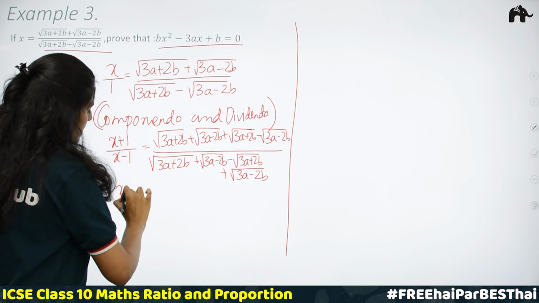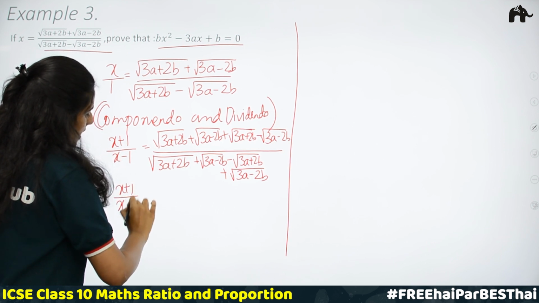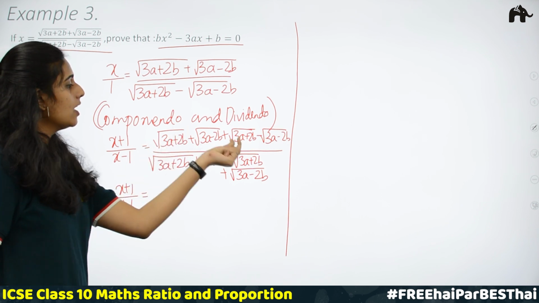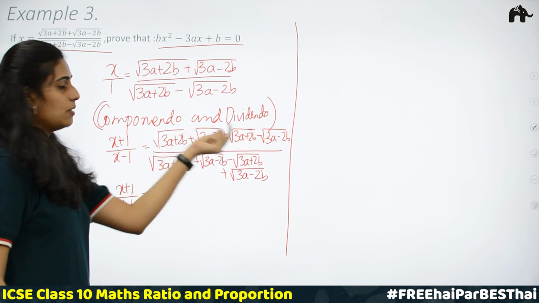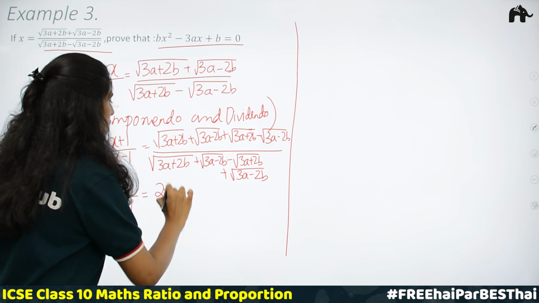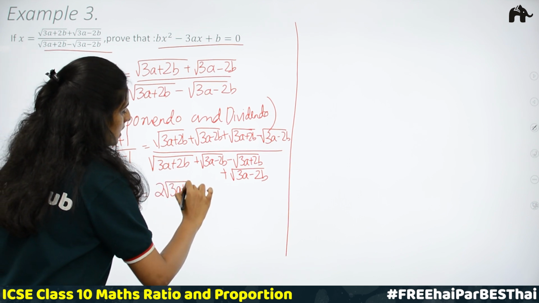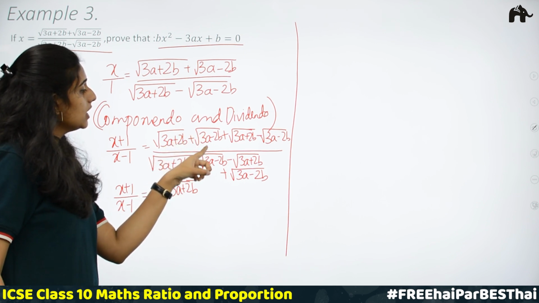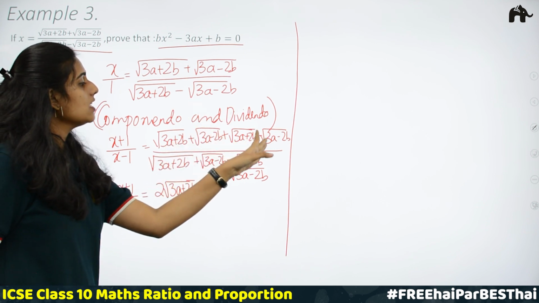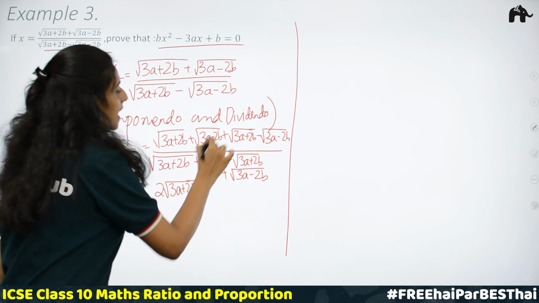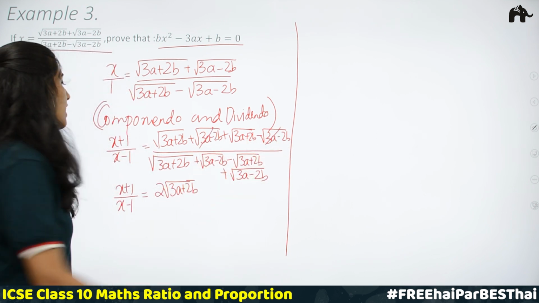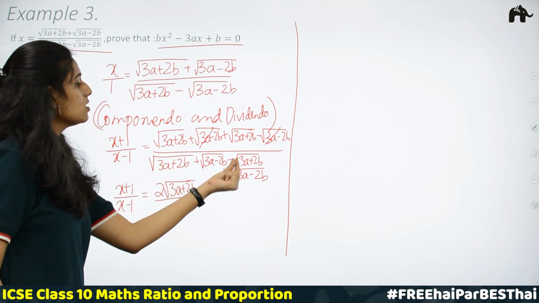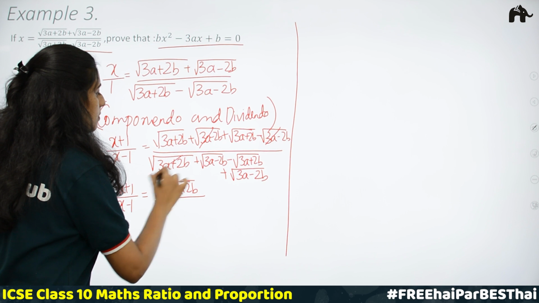That is, (x plus 1) divided by (x minus 1) is equal to, here we have root of (3a plus 2b), root of (3a plus 2b). This can be added. We get 2 root of (3a plus 2b). Next, root of (3a minus 2b) minus root of (3a minus 2b), they can be cancelled, right? Yes. Denominator, root of (3a plus 2b) minus root of (3a plus 2b), they can be cancelled.